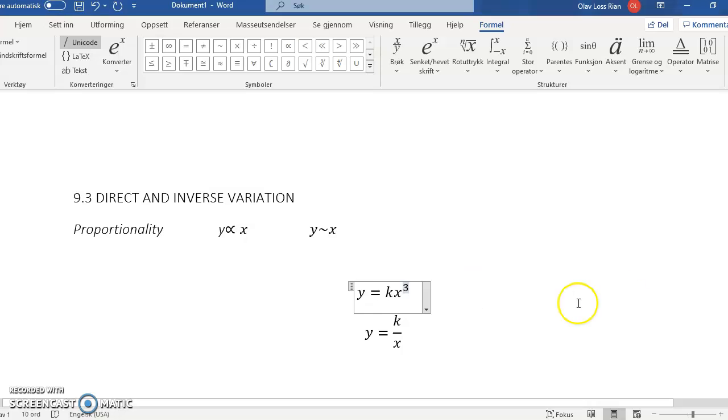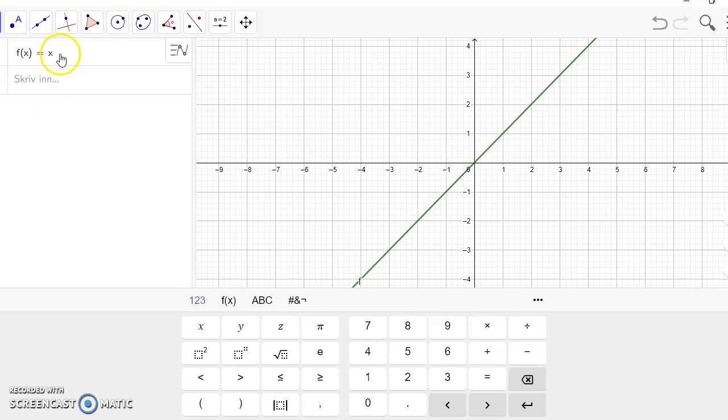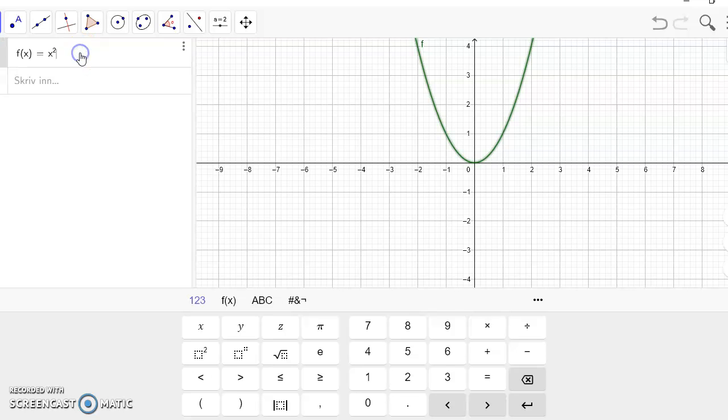And then the graphs of these functions would look different. If we changed the x to x squared, we know that this function is going to look different. If we change this to x to the power of 3, it's going to look different again.